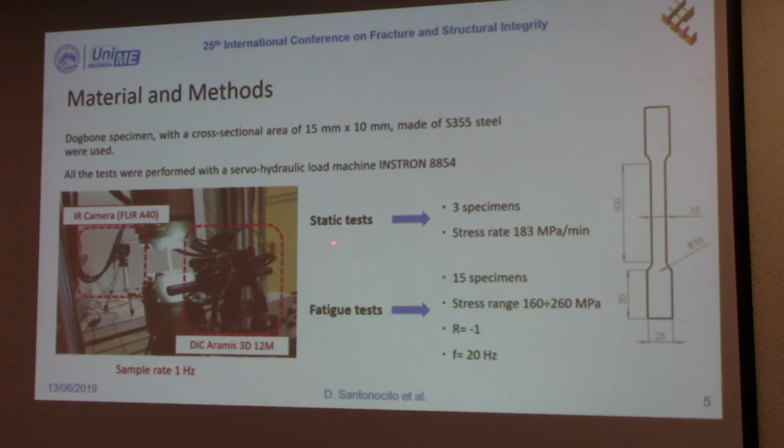A series of static tests were performed on 3 specimens with a constant stress rate of 183 megapascal per minute, and a second series of fatigue tests were performed on 15 specimens with a stress range from 160 to 260 megapascal with a load ratio of -1 and a test frequency of 20 Hz.